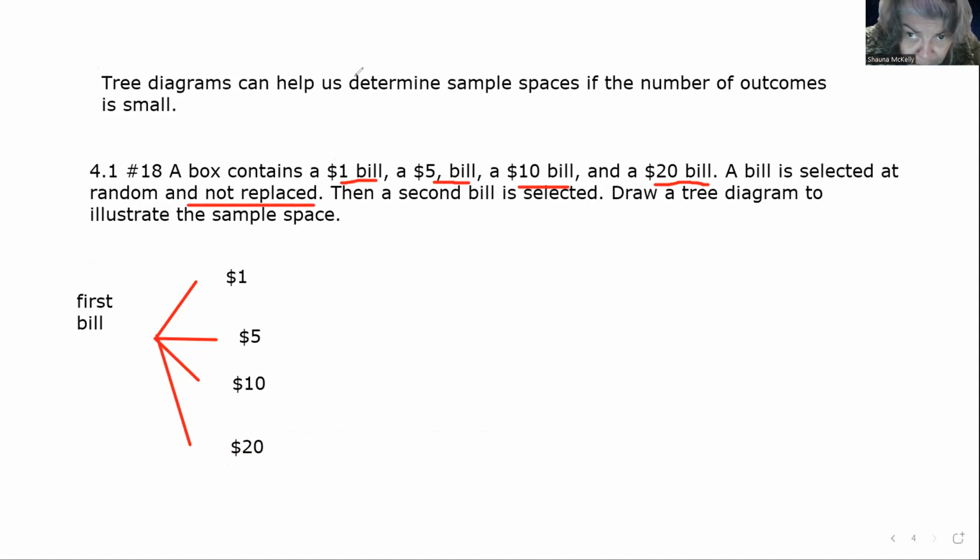If I chose the $1 bill, then I only have 3 options left here, my second choice. Now, if I did the 5, I have 3 choices.